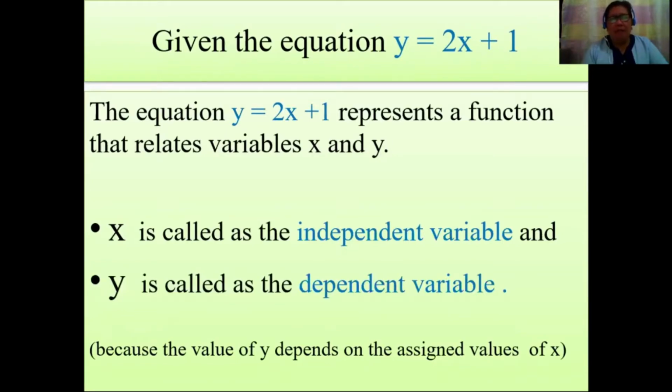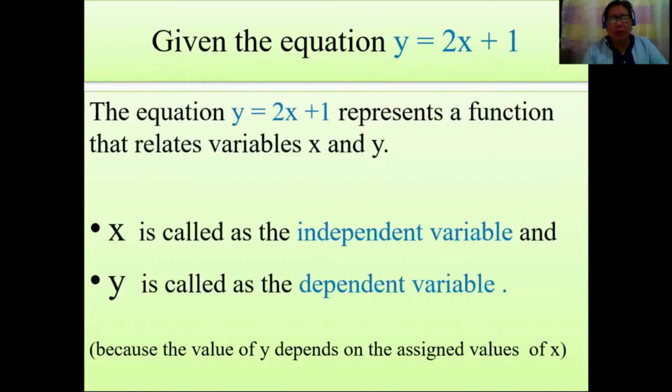For example, if I'm going to assign a value to x, if x is equal to 1, then you substitute 1 to x, so 2 times 1 is 2, plus 1, it is 3. So, the value of y is 3.